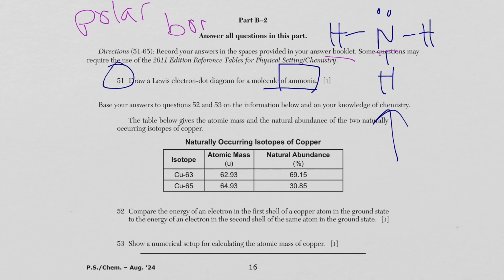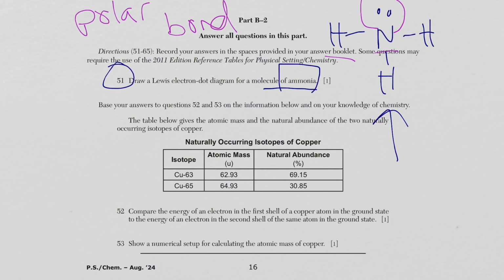And the reason being is nitrogen wants to pull the electrons closer to its nucleus versus hydrogen, which sets up what we call an asymmetrical or uneven distribution of charge. Now, also the shape of this is a pyramidal shape. You might think it looks like a T, but that would be two-dimensionally. Three-dimensionally, this lone pair takes up space, and it's a pyramidal shape. The pyramidal shape always means you have a polar molecule.